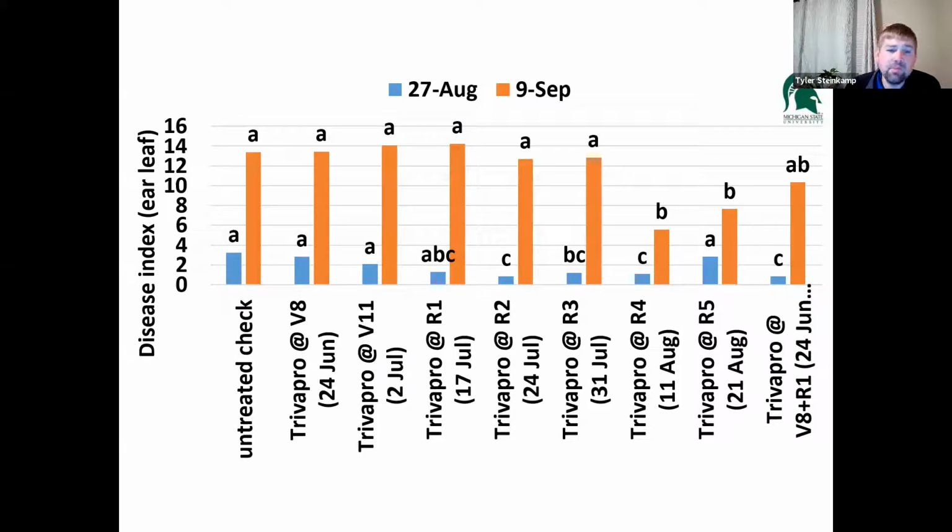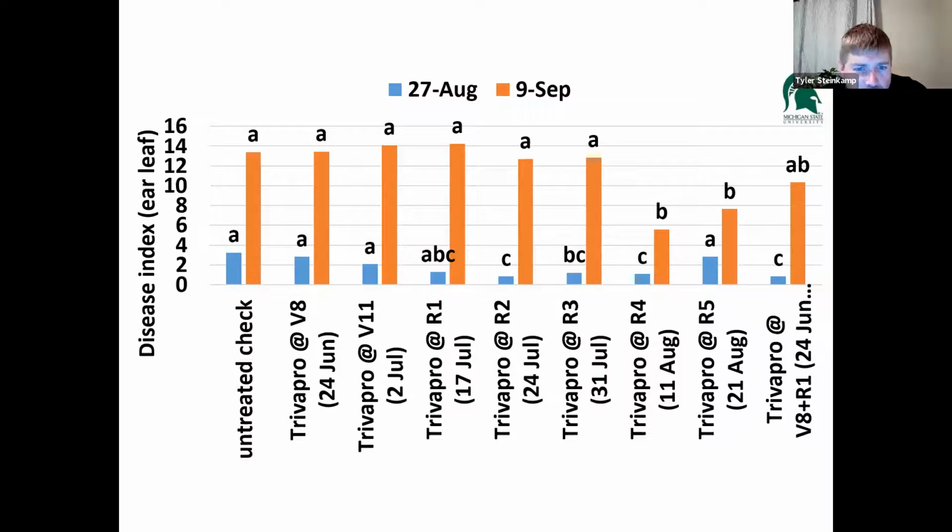So as far as timing, guys, my general recommendation, okay, I personally like to see that fungicide on slightly ahead of tassel. Now, you might go, well, Kyle, that's not what this data is showing. Not necessarily for tar spot, okay, but here's the problem.